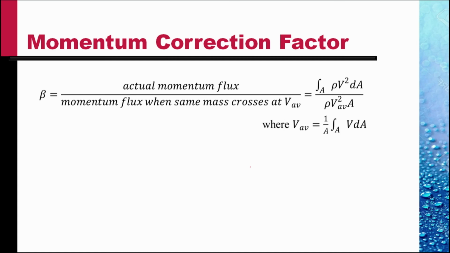So the actual momentum flux would be the integral over the whole area of rho v squared dA, rho v dA times v, integral of that. And the momentum flux when the whole mass crosses at v average is rho v average squared times A, where v average is equal to 1 over A integral over area of v dA. We have done that before. So this correction factor can be evaluated by evaluating the integrals.